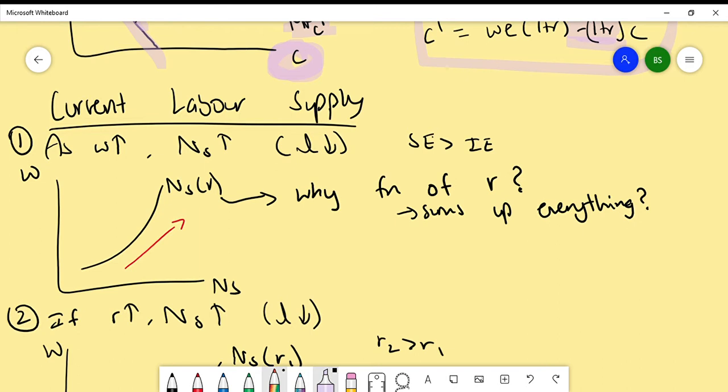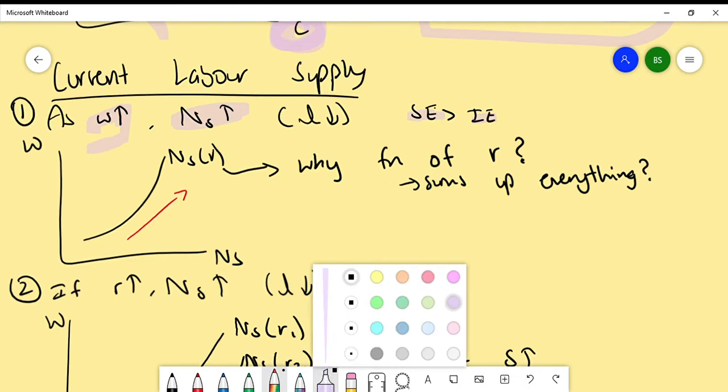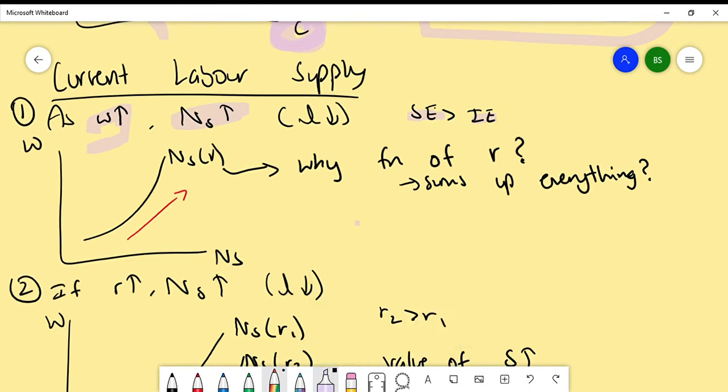First of all, some basics. As the wage increases, the labor supplied will increase. Why? Because the substitution effect is greater than the income effect, which means that if the wage increases, then I, as a working person, will think I could get so much more money if I were to work. Why is the marker so far behind?